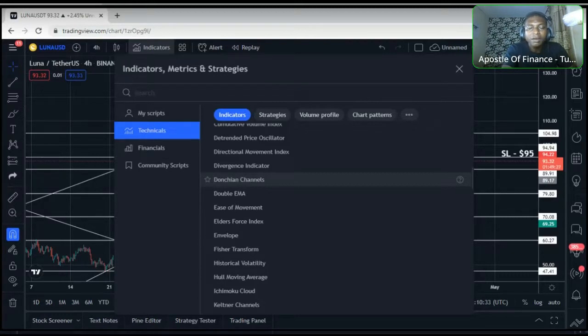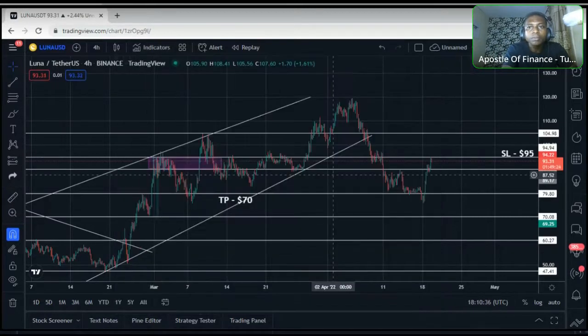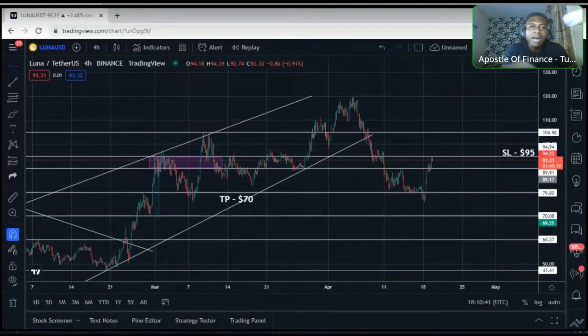However, I use price action, and that is why you see lines on my chart where I map out areas where price footprint has been seen. Now I'm going to explain it clearly to you. Before I take a trade, number one, I ask myself, what is the market structure? Is the market in an uptrend or in a downtrend? Number two, I ask myself, where are the support and resistance zones?